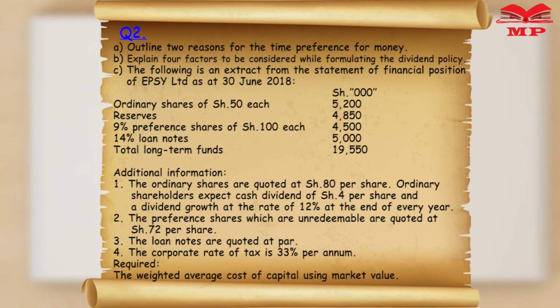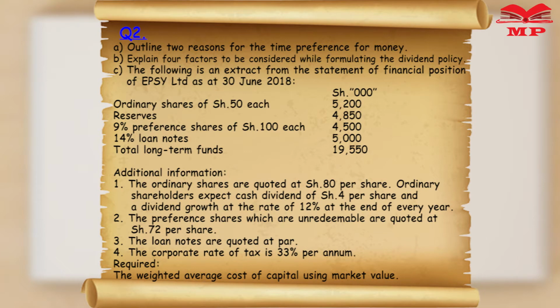B, explain 4 factors to be considered while formulating the dividend policy, 8 marks. Then part C is a long question that required candidates to calculate the weighted average cost of capital using the market values, 10 marks. First, we will answer part A.